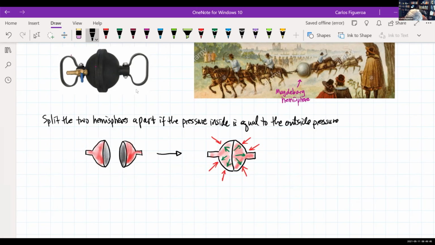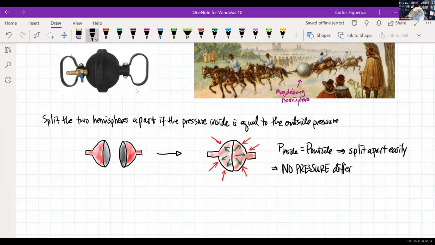So if the pressure inside equals the pressure outside, then they split apart easily. I mean, you could just tip them over. And so what you're seeing here is that this really implies that there's no pressure difference. And if there's no pressure difference, then they do not stick together.